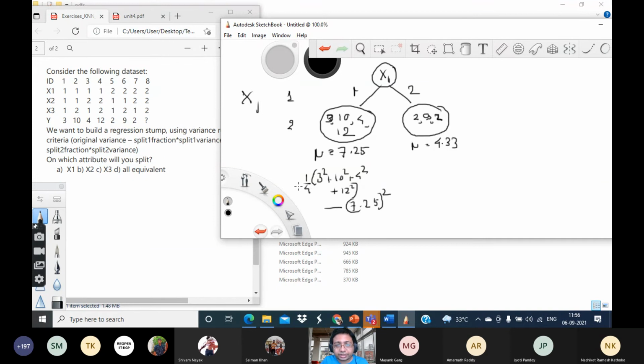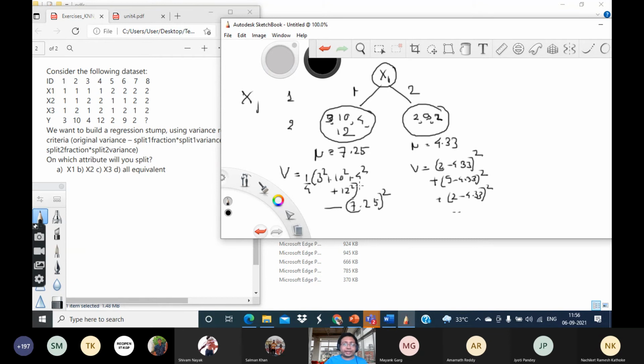That's basically the variance, and it's the variance which you need, not the standard deviation. So variance is something which you will get in this case. In this case also you will get the variance, that is 2 minus 4.33 square plus 9 minus 4.33 square plus 2 minus 4.33 square.